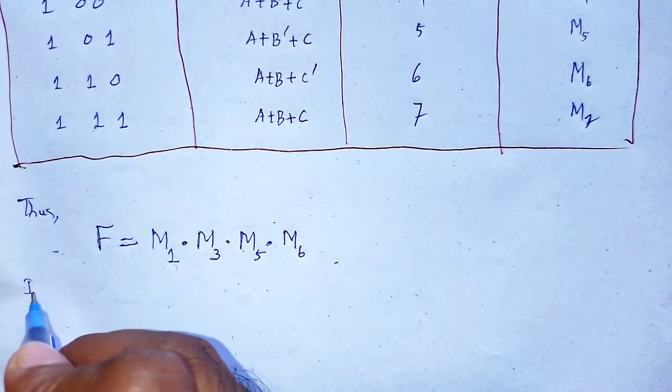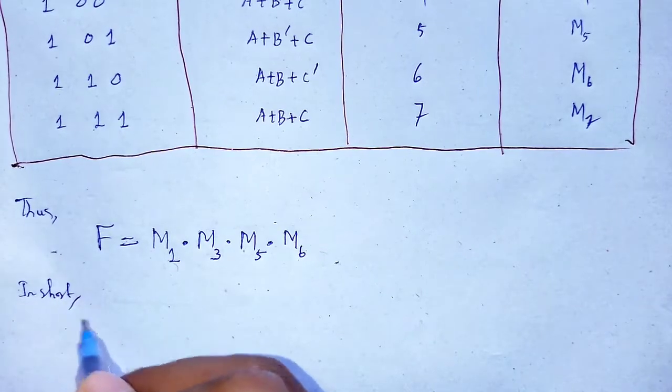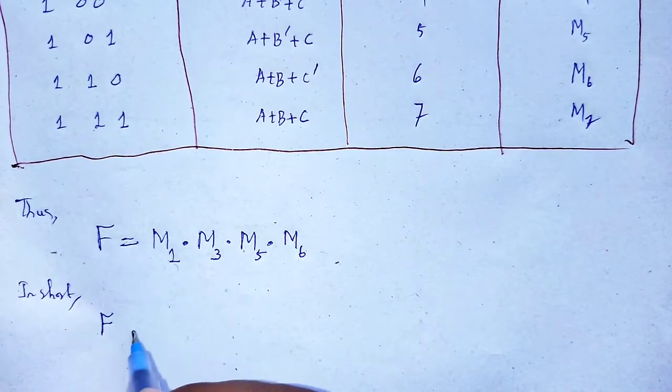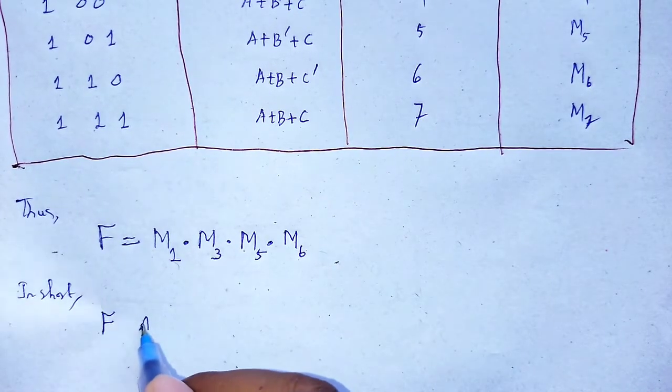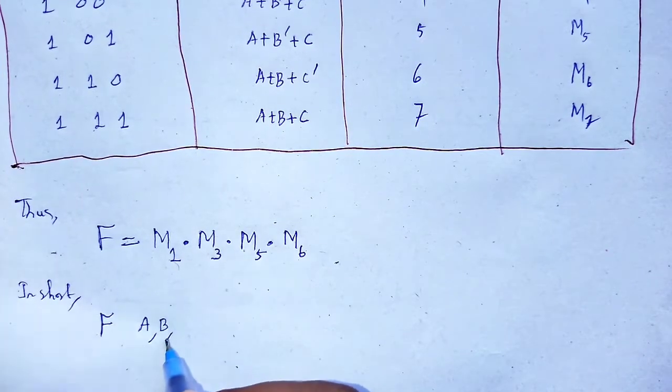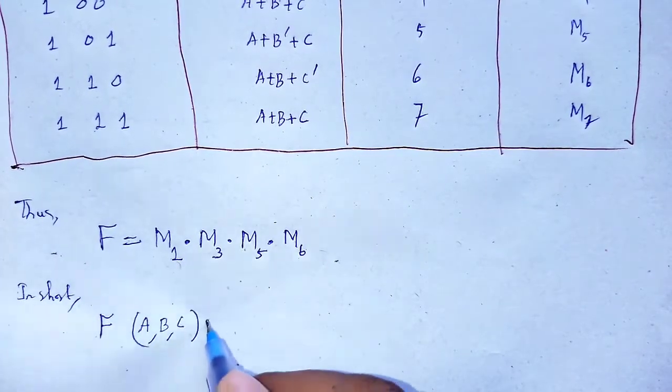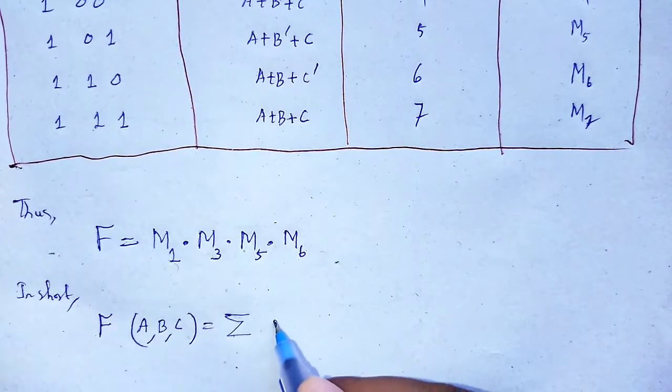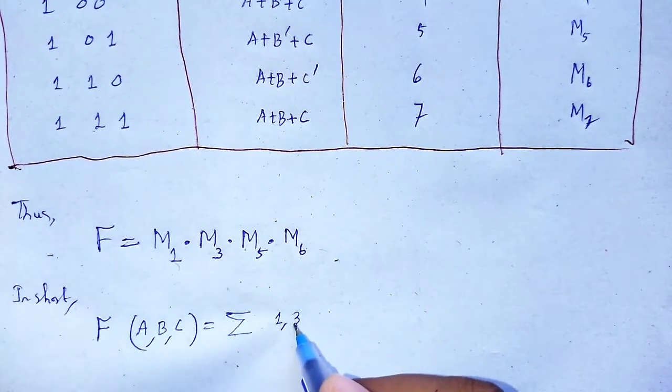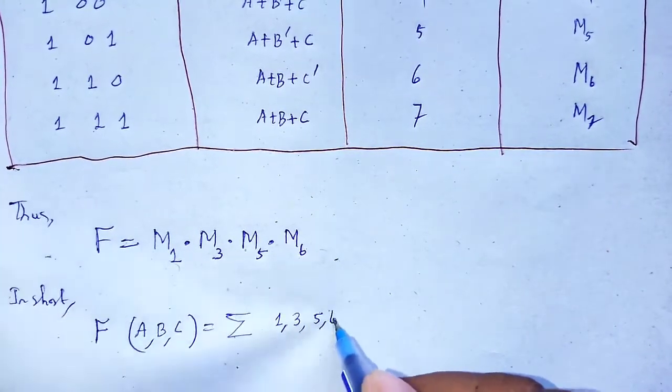So in short, we represent it as f of a, b, c is equal to product over 1, 3, 5, 6.